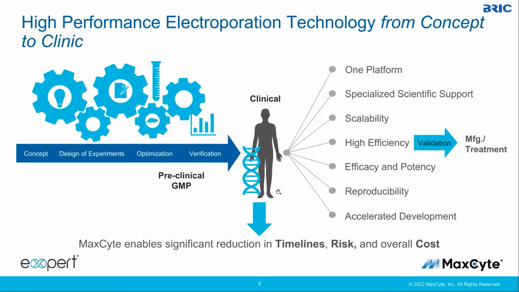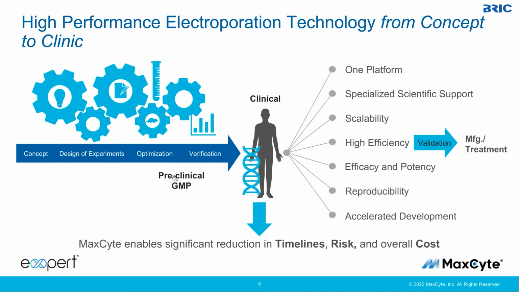When you think about generating a cell therapy product, it's important to consider one technology from concept to clinic. You need to do a lot of optimization and design of experiments and validation of your transfection at the preclinical stage.